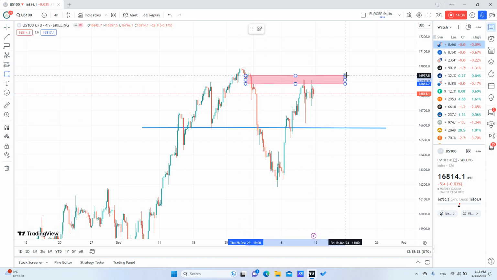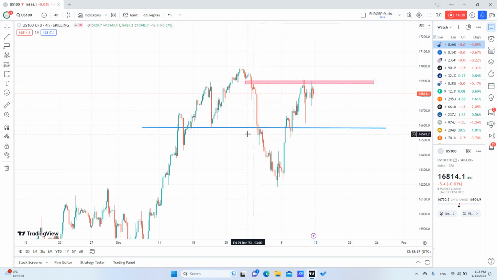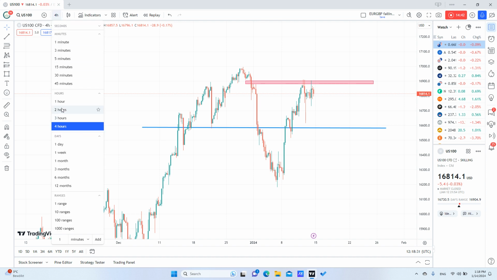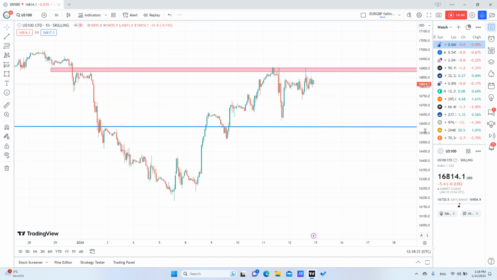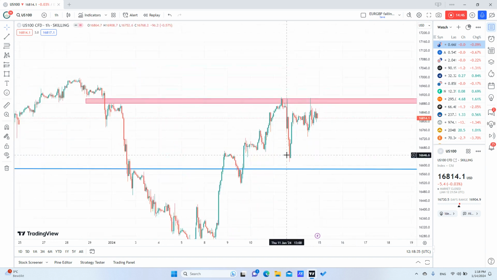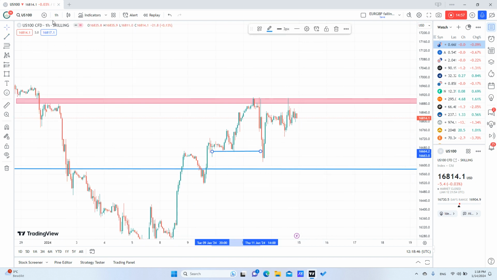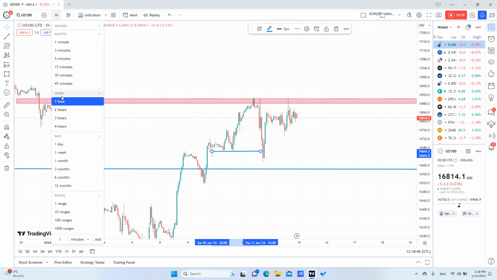Here we have this very small gap, and what you see here is price reacted in a very good way, and you will see that better on the 1 hour chart. A very good reaction actually, that broke another structure on the hourly chart, and then you go down. It's like that.